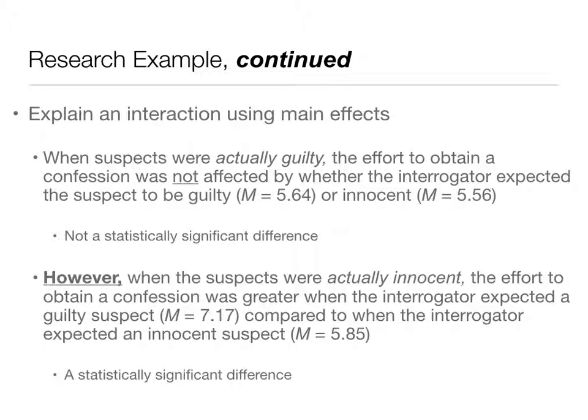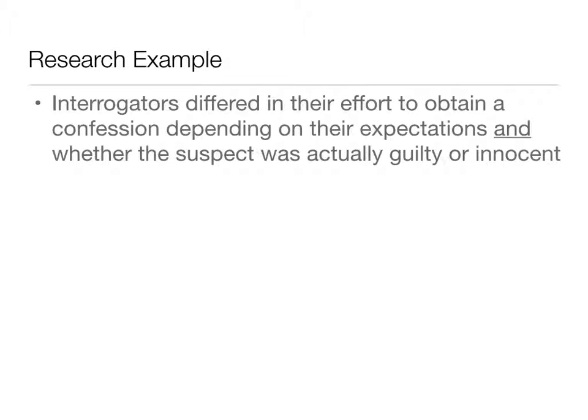And again, you see they both talk about the dependent variable and they talk about all 4 conditions of both independent variables when they cross. So we have the 5.56, the 5.64, the 7.17, and the 5.85. So basically what this is saying is that interrogators differed in their effort to obtain a confession depending on their expectations and whether the suspect was actually guilty or innocent.